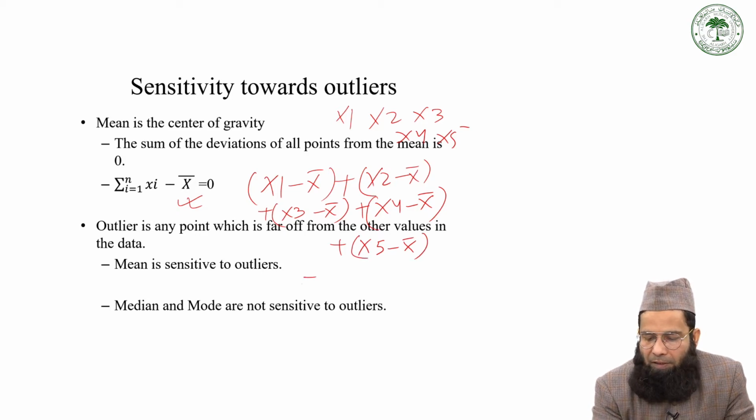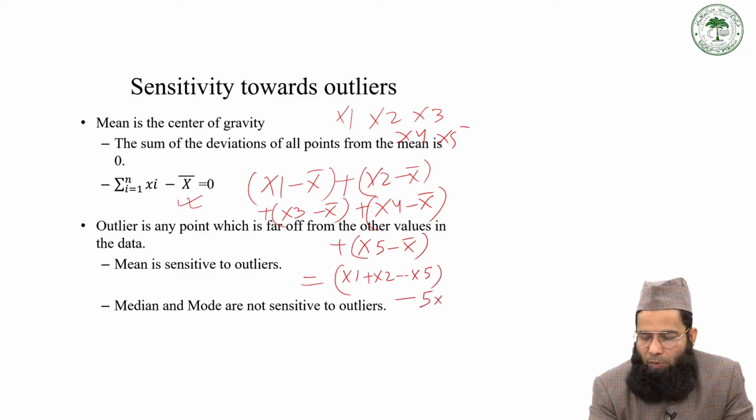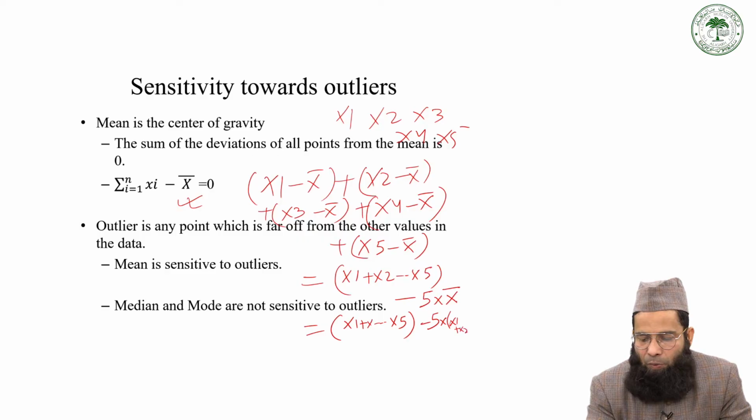If I sum it, here you will get x1 plus x2 and so on up to x5, and here you will have 5 times x bar, since x bar came here 5 times. Since x bar is the summation of all divided by 5, it is x1 plus x2 and so on up to x5, divided by 5.